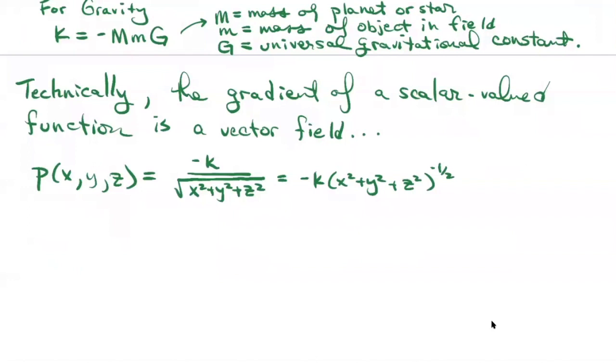So then let's do Px. This will be the derivative with respect to x. So I think you're going to get a negative K times a negative 1/2 times the derivative. I'll do that last. So we'll have the x squared plus y squared plus z squared to the negative 3/2.